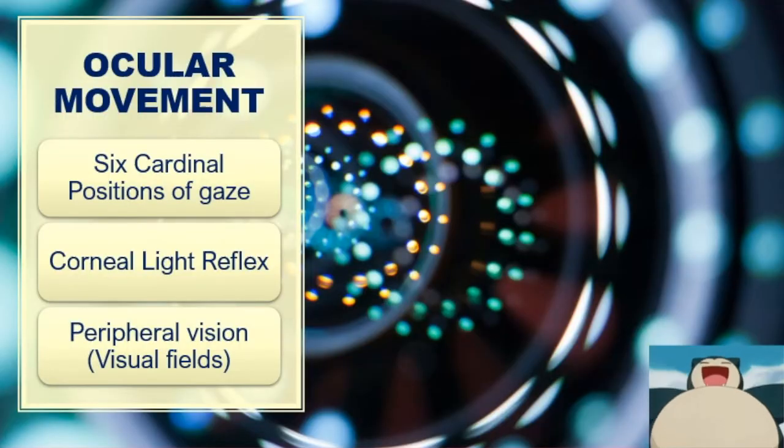Next, you test for ocular movement. In your ocular movement, recall the 6 cardinal positions of gaze. Your 6 cardinal positions of gaze will help us assess your extraocular muscles. Your corneal light reflex will also help us assess your cranial nerves and your muscles.